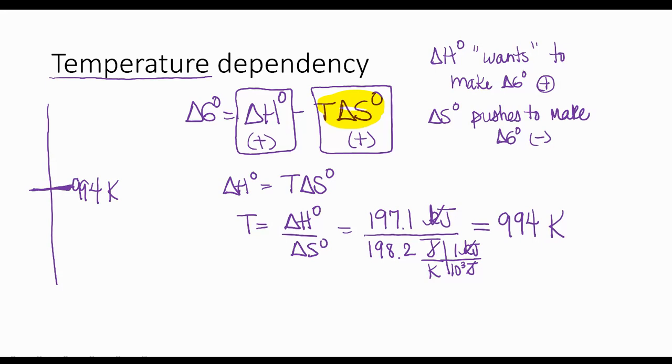We want that term to win. And so temperatures above this number will be spontaneous. The process will be spontaneous when it's above that temp. If you're below that temp, it won't be spontaneous, because the highlighted term here won't be big enough to compensate for it being endothermic.